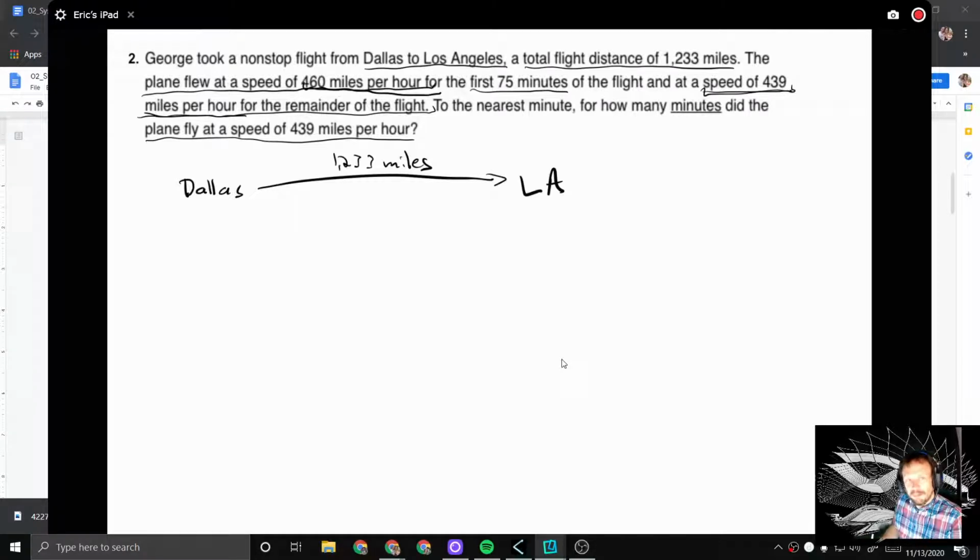So there's some point between Dallas and LA where the plane slowed down, it switched from 460 to 439. And if we knew where that point was, well, then we could just figure out how far it was from that point to LA and how long it took to get there. And we could get our answer for how many minutes the plane flew at that speed.